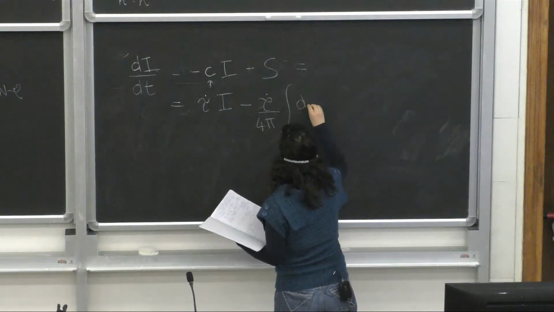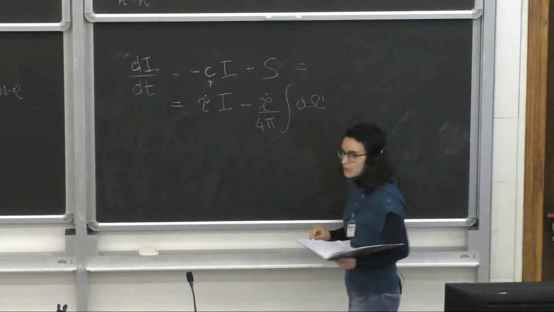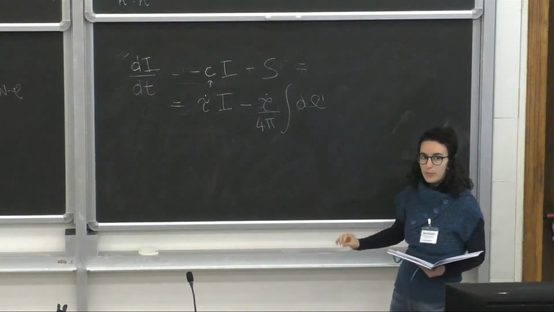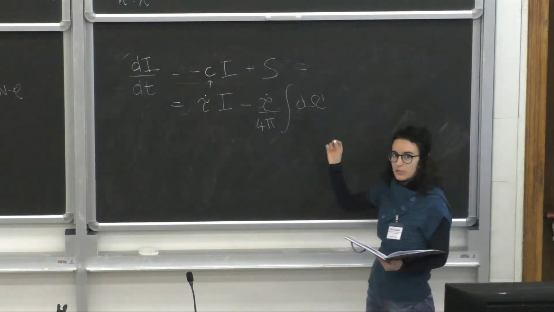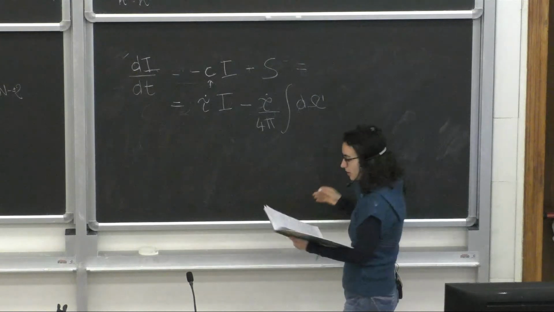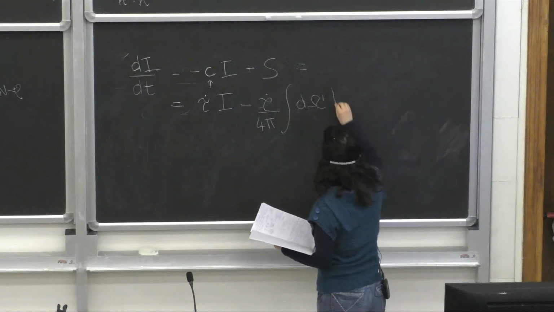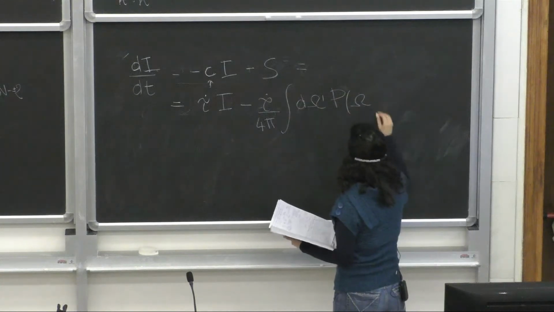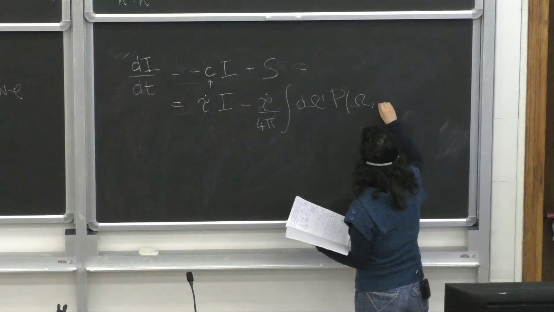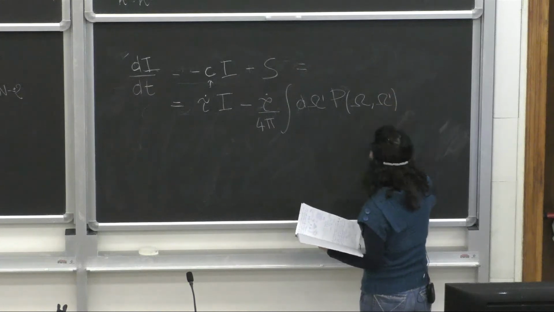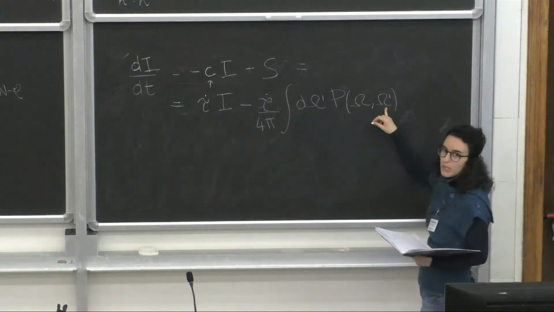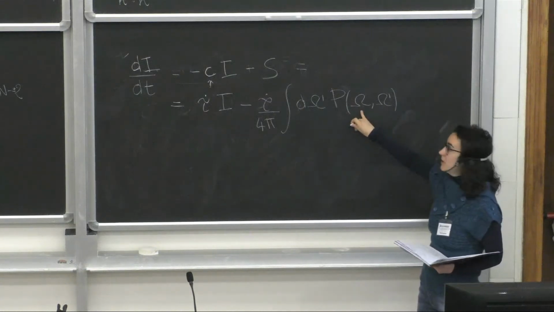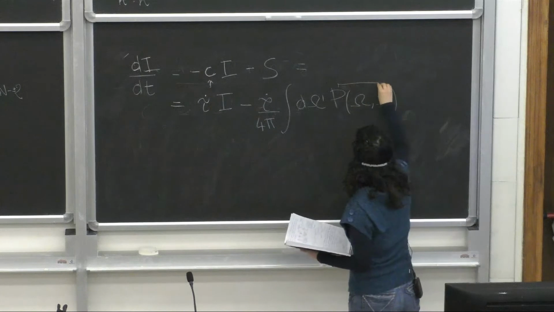We are integrating over the solid angle because we want to capture all the scatterings that are happening over the solid angle and are channeled in the direction that we are looking at. Here we have the tool that we need to relate scatterings from different directions into the direction that we are looking at. This is the scattering matrix.